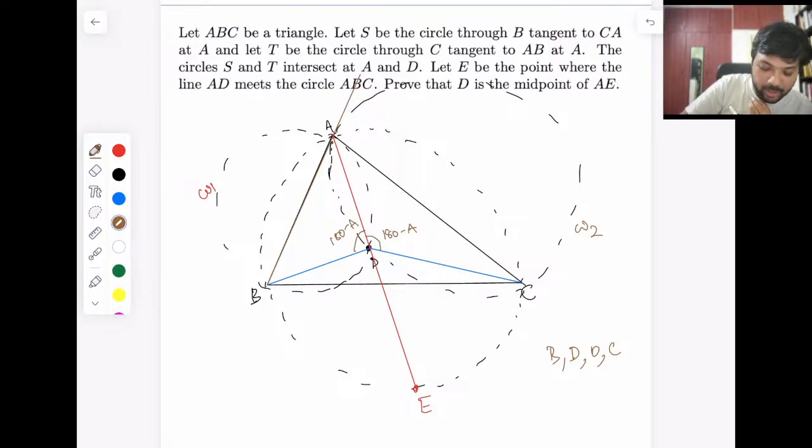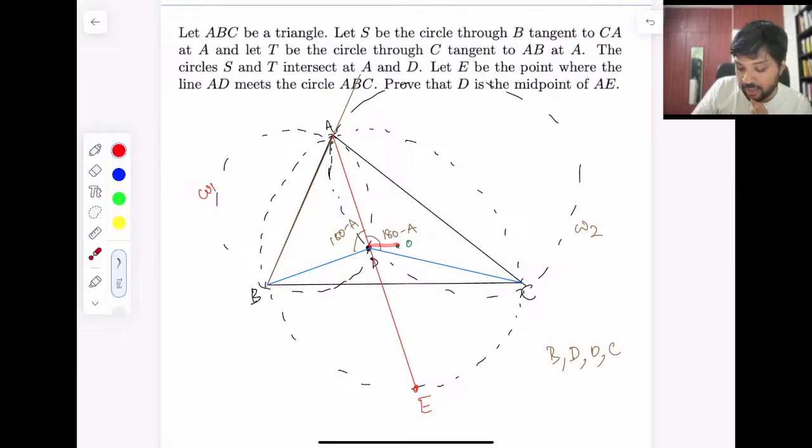Maybe we should introduce the point O. BDOC are concyclic. I'm sorry. Can we argue? All we have to argue is OD is perpendicular to AE, and we are done. AD equal to DE. Just show this is 90.